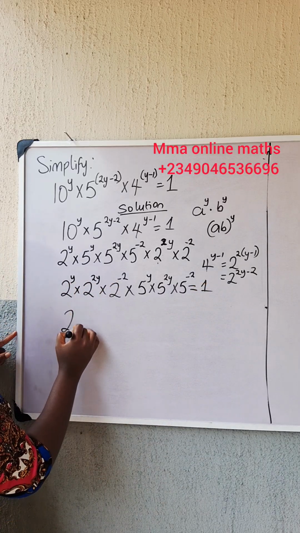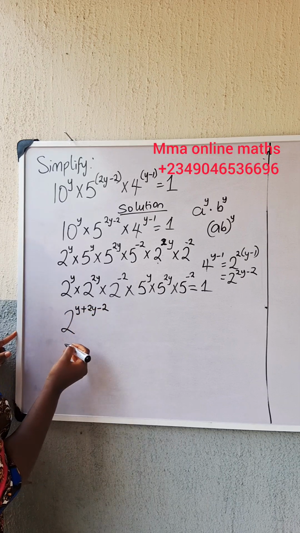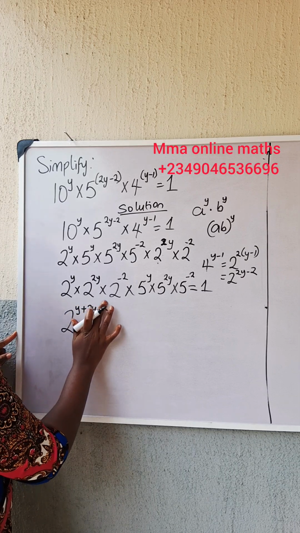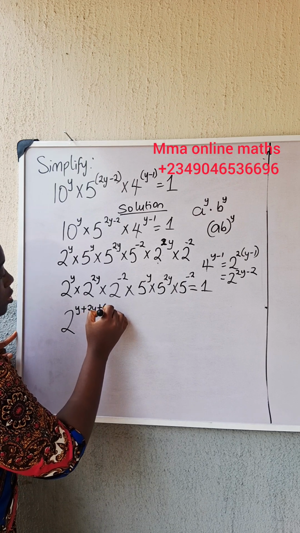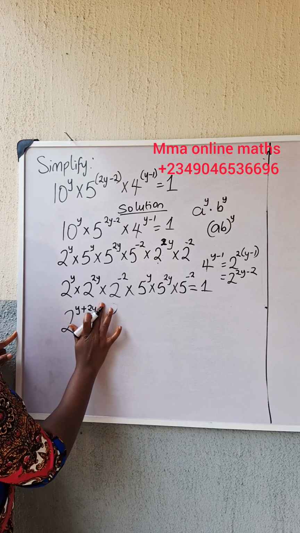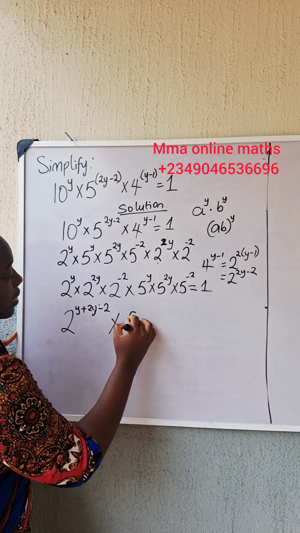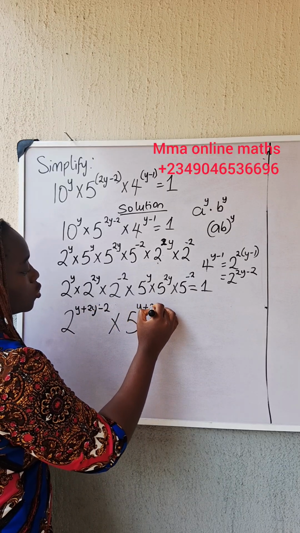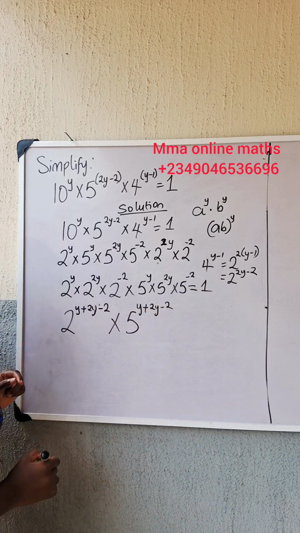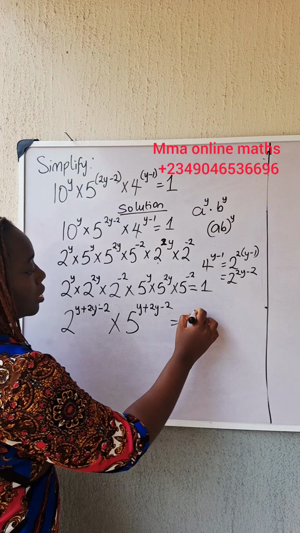So we'll have 2 raised to power y plus 2y minus 2, times 5 raised to power y plus 2y minus 2. Okay, so y plus 2y is 3y, the same thing here, equals 1.